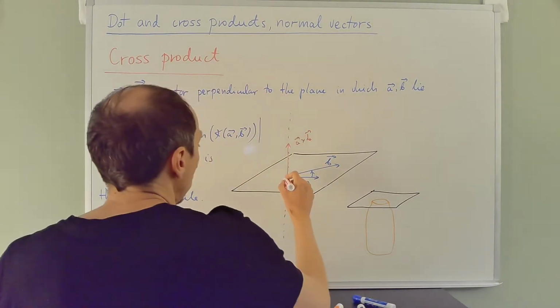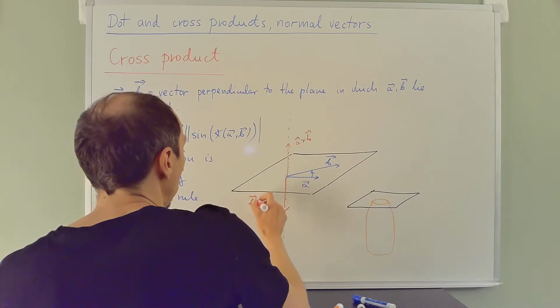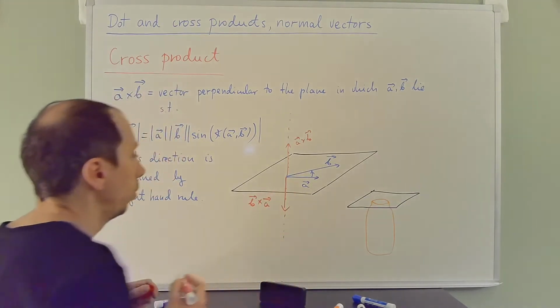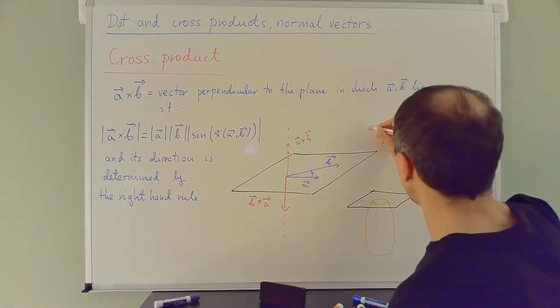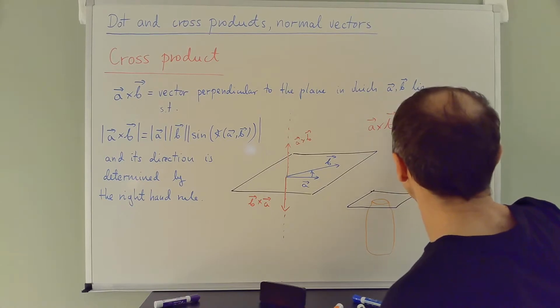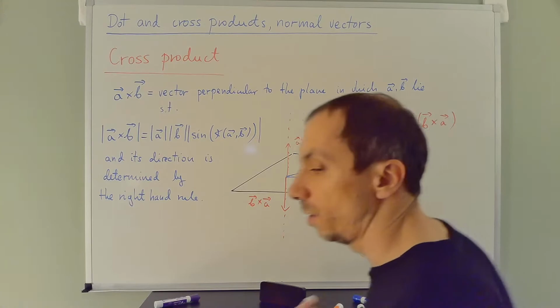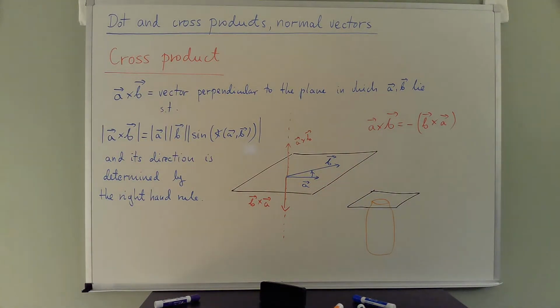So then you get it the same length, but pointing in the other direction. So one property of cross product is that if you just change the order, you just get the negative of that vector, so a vector pointing in the opposite direction.